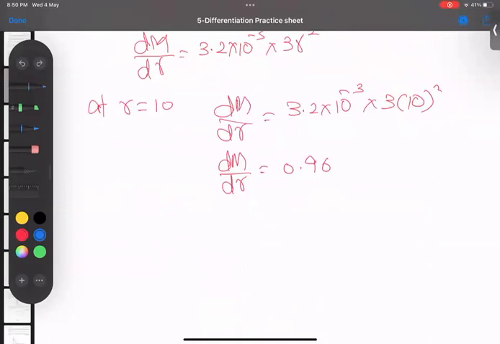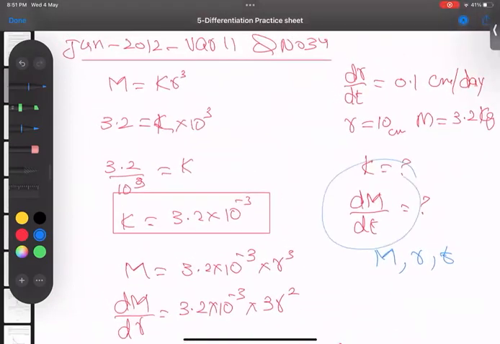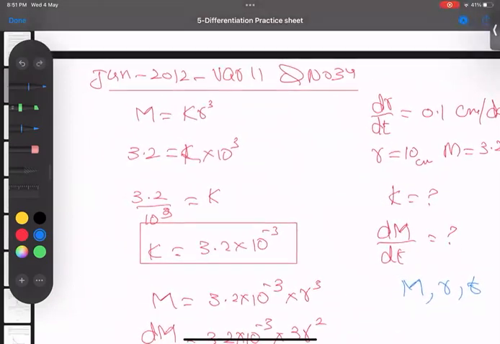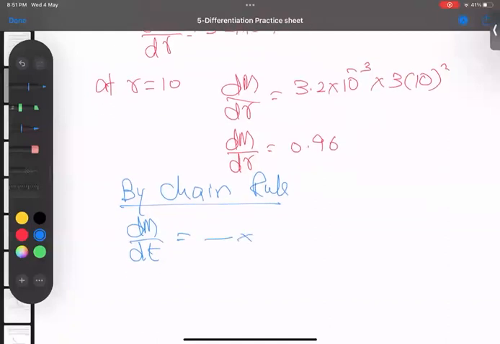So I'm writing here by chain rule. What is my question to find? dm by dt is my question. You see, the rate of change of mass is my concern. So I will write two fractions, very clear. dm comes in the first numerator, dt goes in the second denominator.